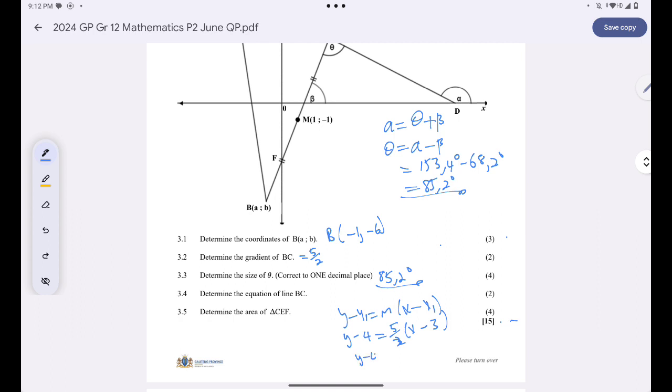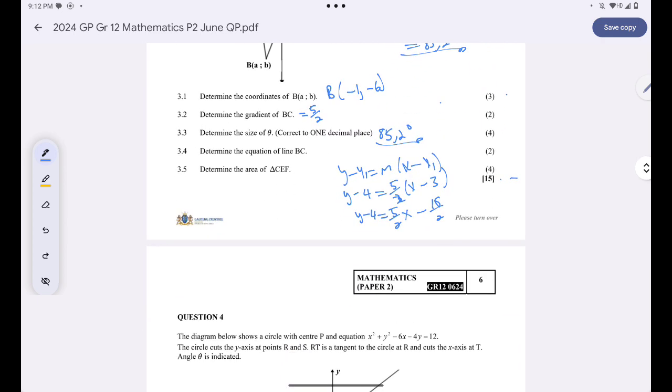So y minus 4 equals 5 over 2 times x minus 3, and this is 15 over 2. 15 over 2 is 7.5. When I take the 4 to the other side, I'll have y is equal to 5 over 2 x minus 7.5 minus 4, which is 3.5. So this will be negative 7 over 2.